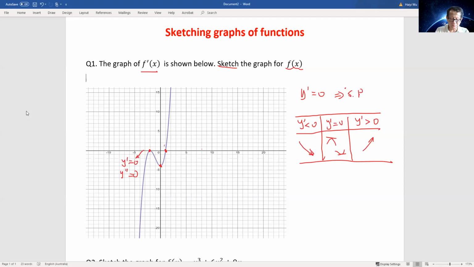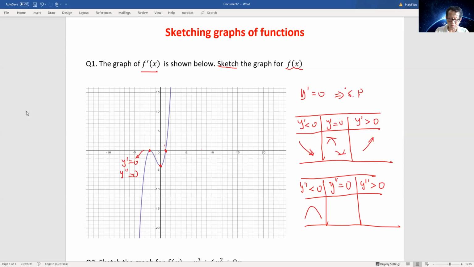But this point plays two roles. One is y' equal to 0, but at this point the second derivative is also equal to 0. So we discuss the three options: second derivative negative, we know the graph is concave down.